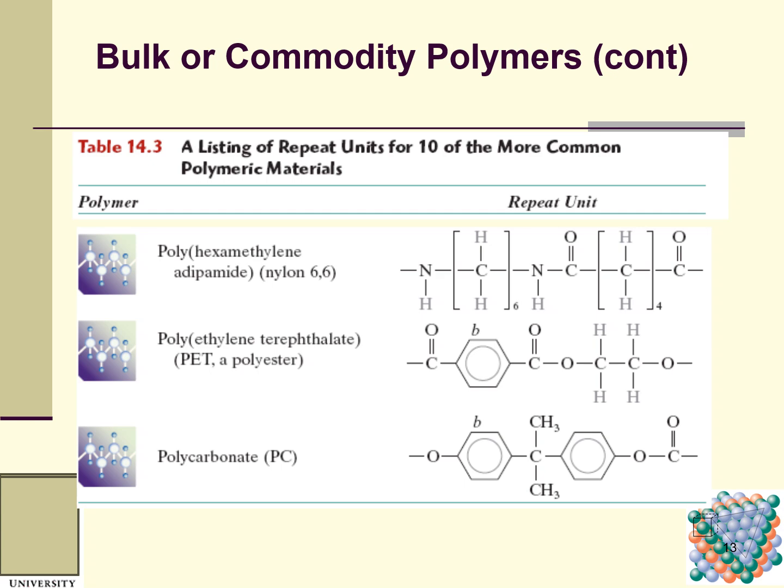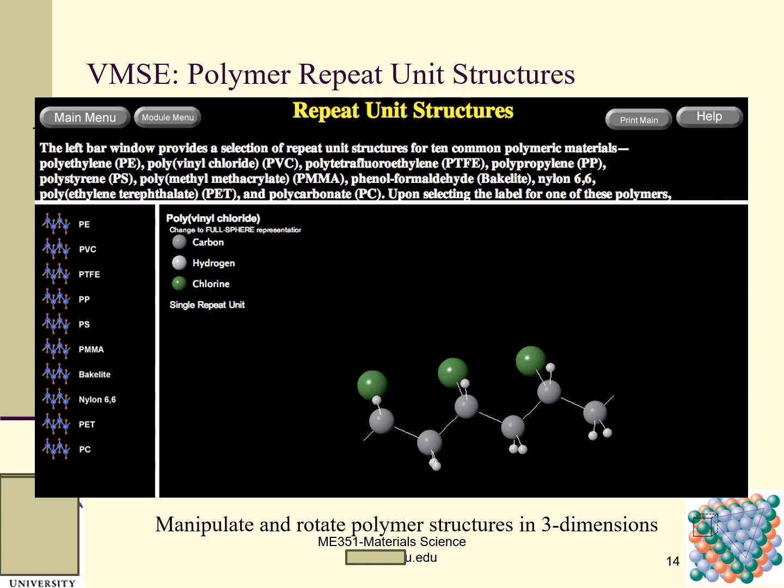Okay, so this is a polycarbonate, PC, and there are many very useful polymers. And here, okay, this is our old friend VMSE. And as I said, if you have bought your own textbook, along with the textbook you should have these resources, and you can use this software to visualize the repeat unit structures for polymers.